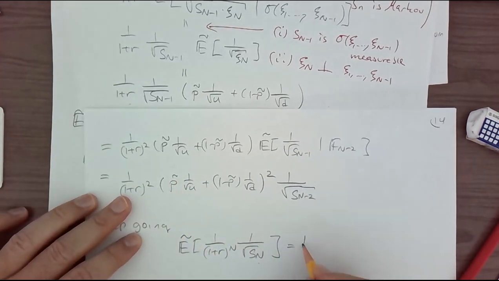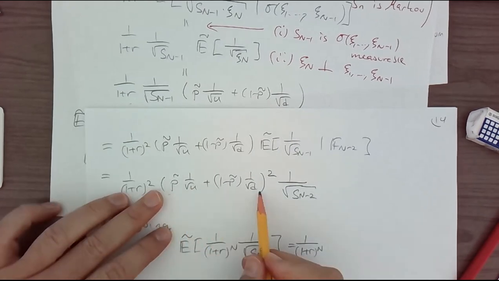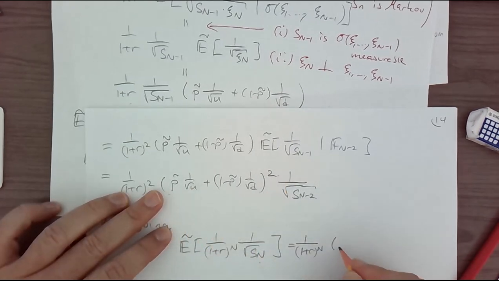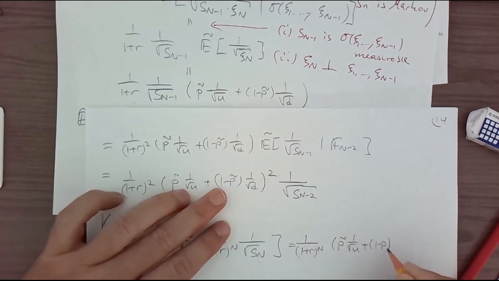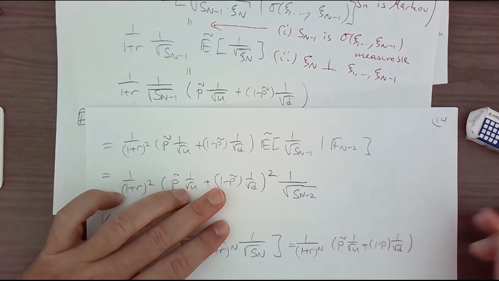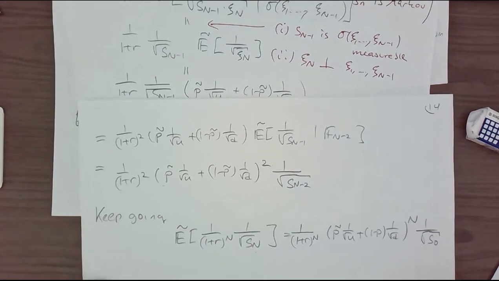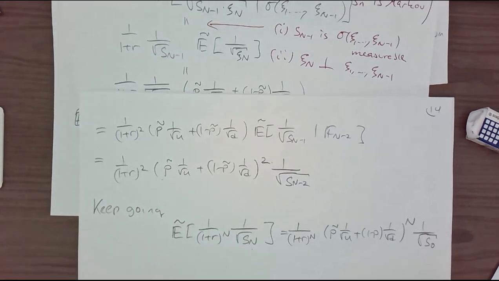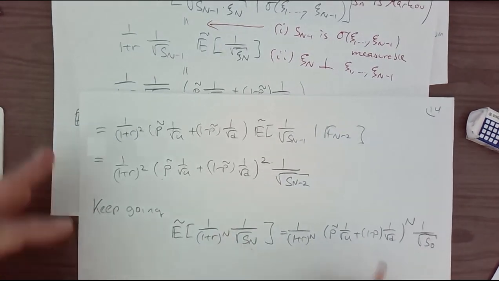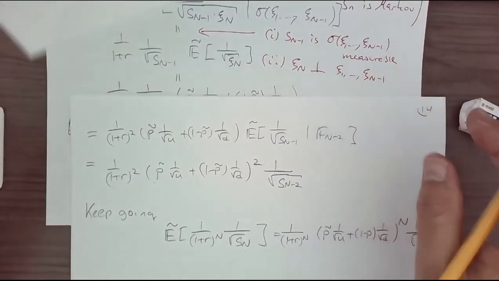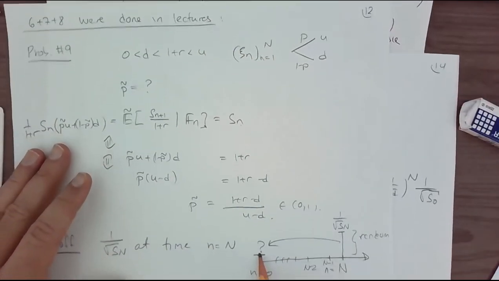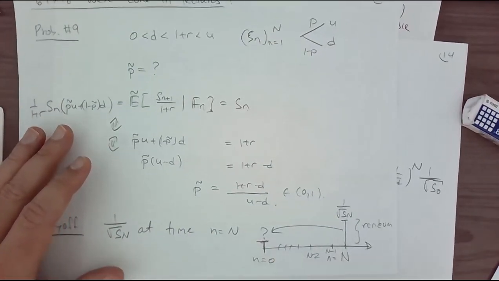It'll be 1 over 1 plus r to the nth, and then it'll be this factor here to the power n, with 1 over root d to the power n, and then I need 1 over the square root of S0. So this is the price. That's the quantity out here at time 0.